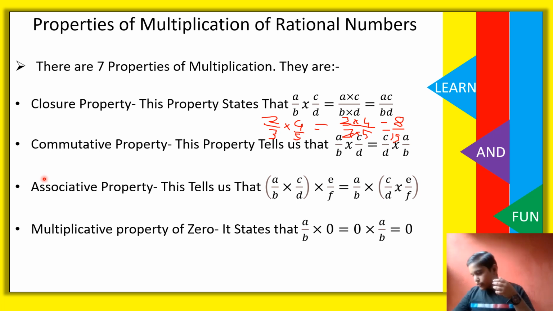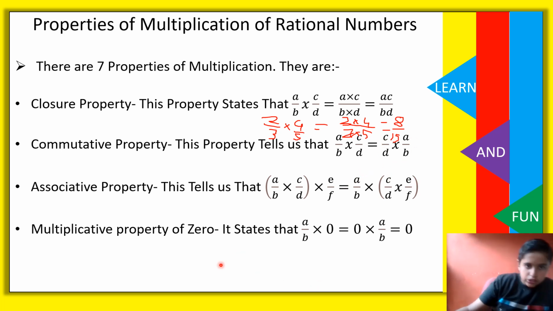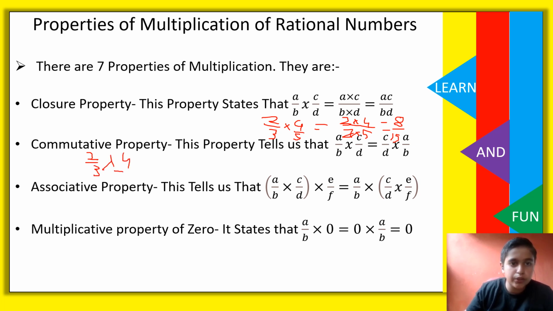Now we will be moving on to the commutative property. The commutative property says that A upon B into C upon D is equal to C upon D into A upon B. So we'll start from here. A upon B will be 2 upon 3, and C upon D will be 4 upon 5.